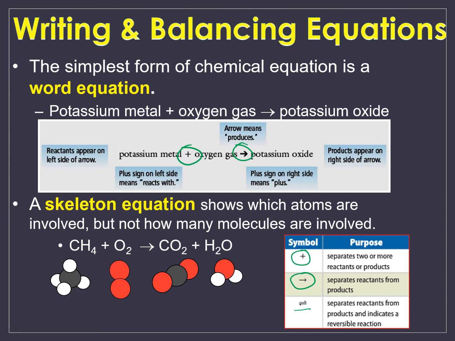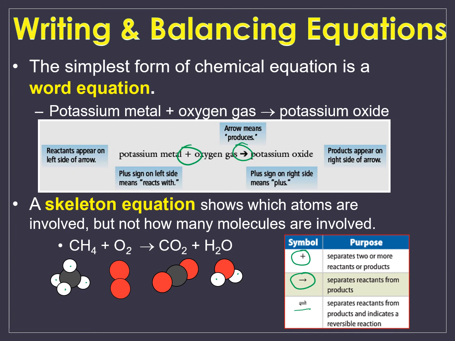But what's missing is the number of molecules involved in order to keep the law of conservation of matter. So the law of conservation of matter states that if I have 4 hydrogen atoms on the reactant side, I should have 4 hydrogen atoms on the product side.